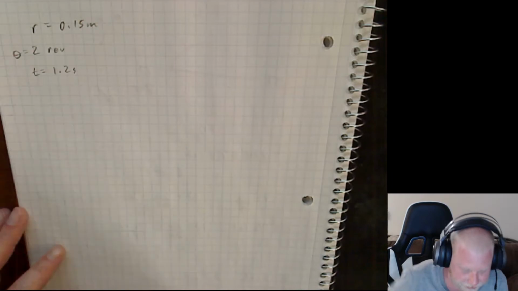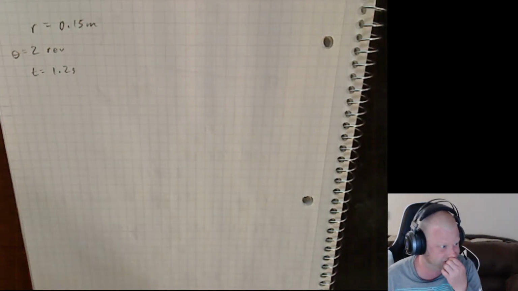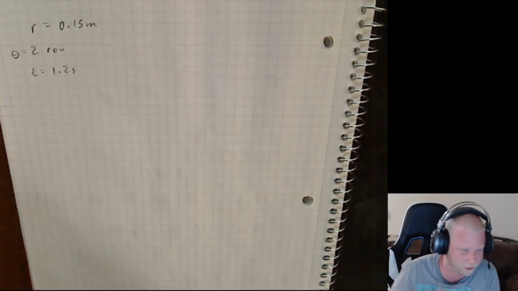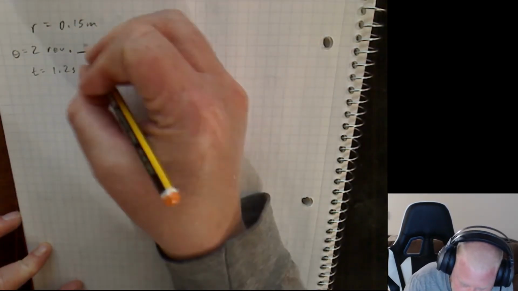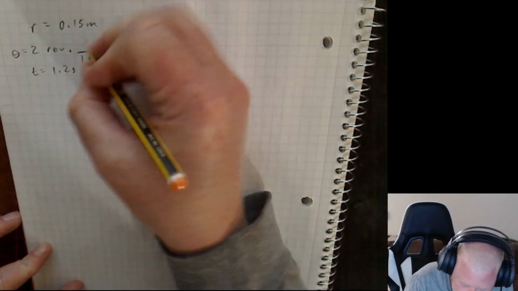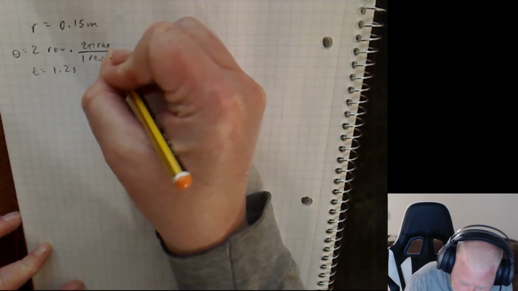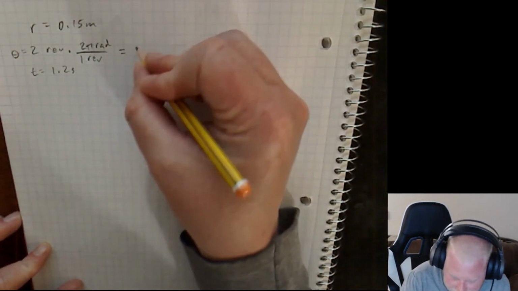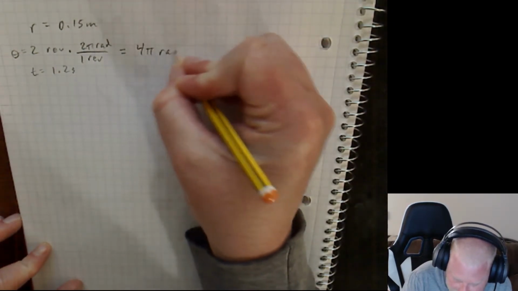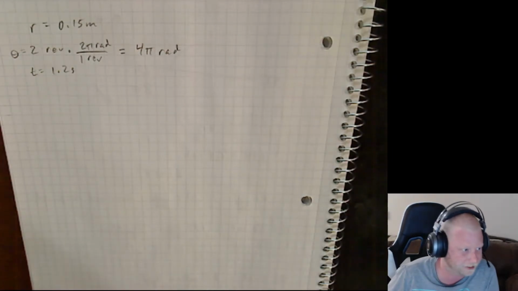Now that 2 revolutions is going to be your angular displacement, but keep in mind that we cannot be working in revolutions, we have to be working in radians. So let's go ahead and convert that, where 1 revolution is 2 pi radians. So we have an angular displacement of 4 pi radians.